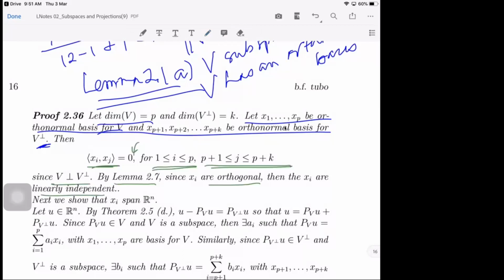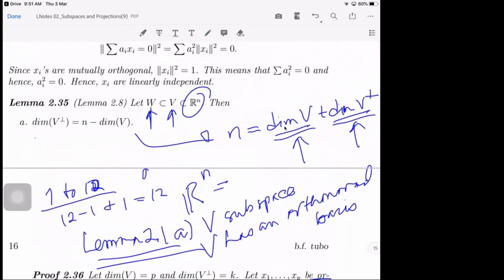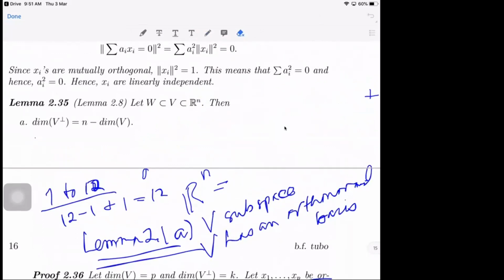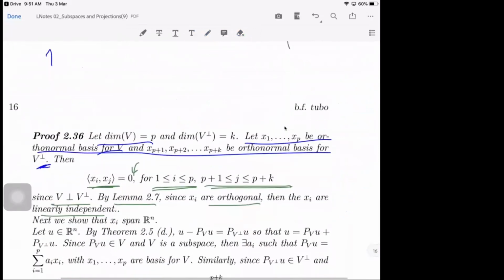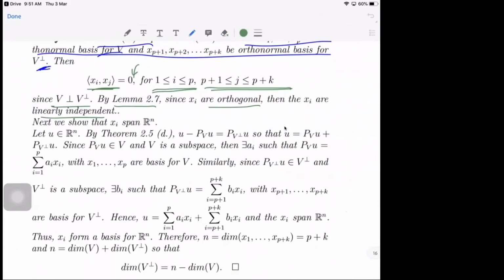Okay, what do we want to prove? We want to show that the dimension of V perp is equal to n minus the dimension of V. So next we show that the xi span your Rn para makuha nimo ang dimension sa tanan.